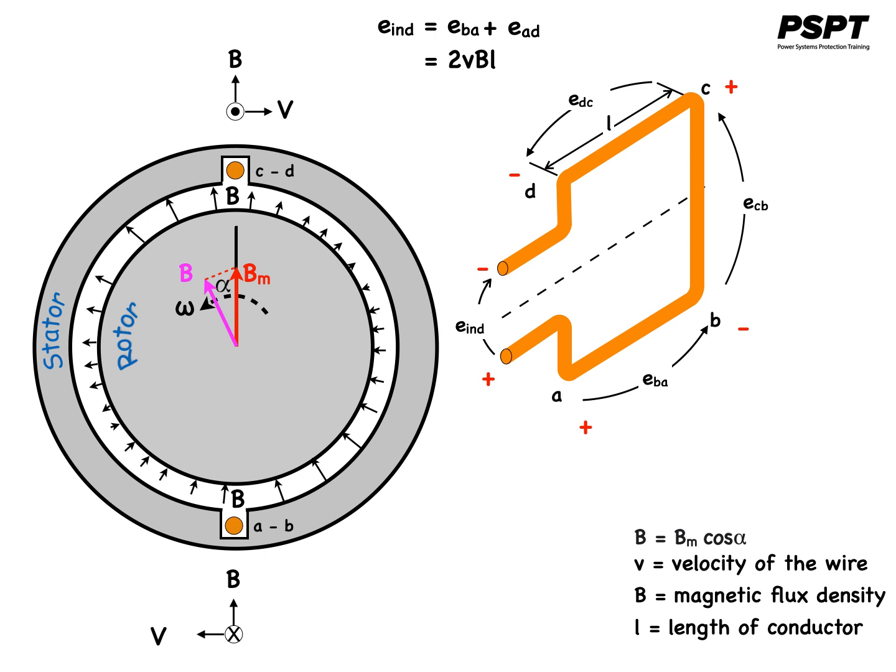This means the total induced voltage is 2 times V times B times L.